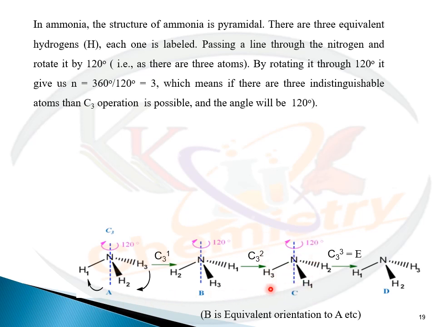These are not identical but equivalent. Again perform the C3 operation, you will get an identical structure. Now A and D are identical. They can be superimposed on each other, meaning these two are superimposable on each other, right?